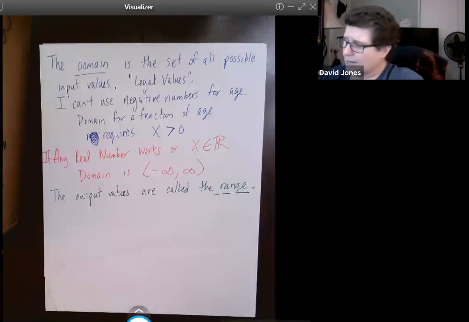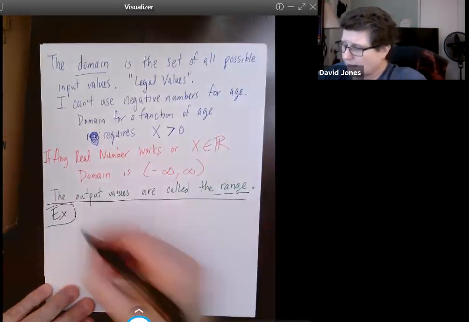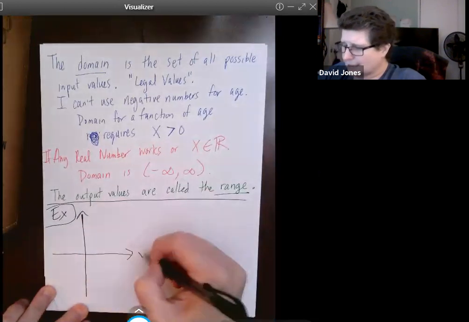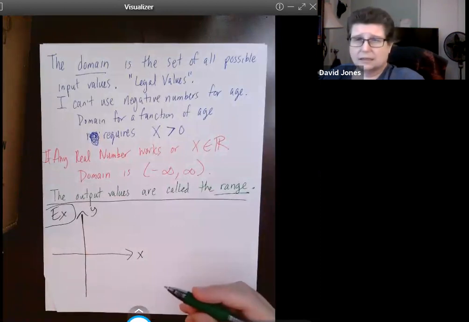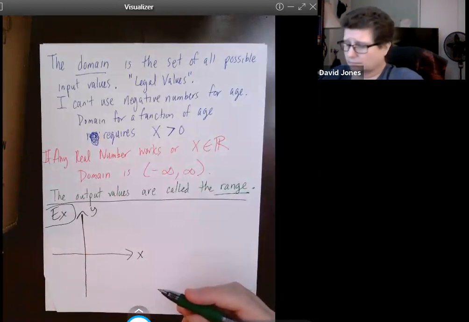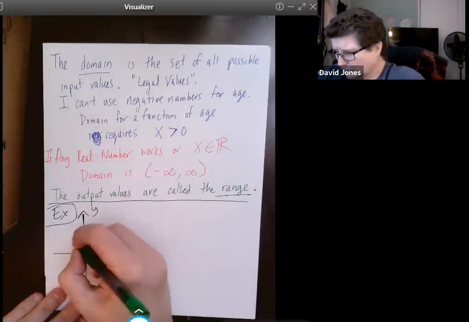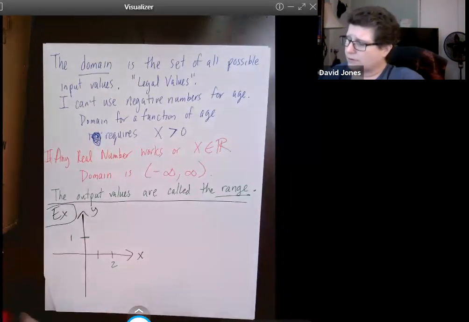So for an example, if this is my x-axis and y-axis, let's say that is y equals 1 right there.